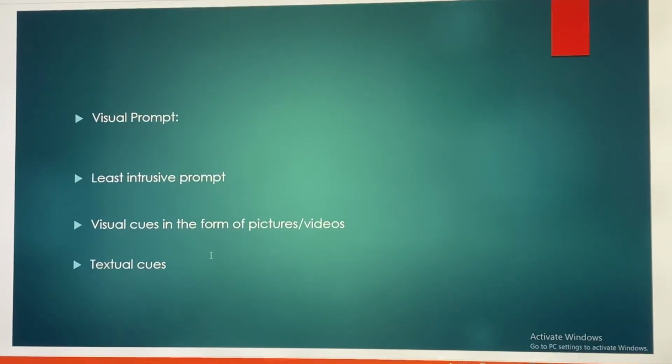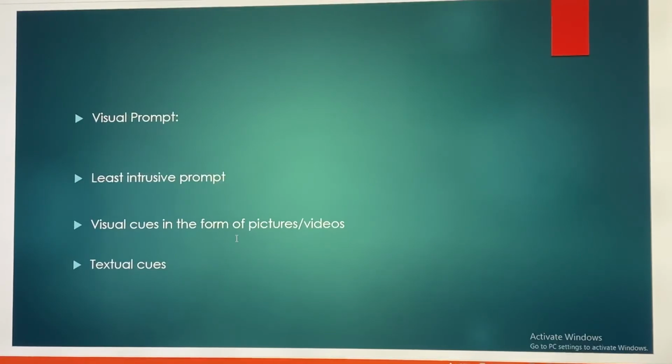Visual prompts can come in the form of pictures and videos, and so anything that visually, without any other kind of prompting, prompts the learner to engage in the desired behavior can be a visual prompt.